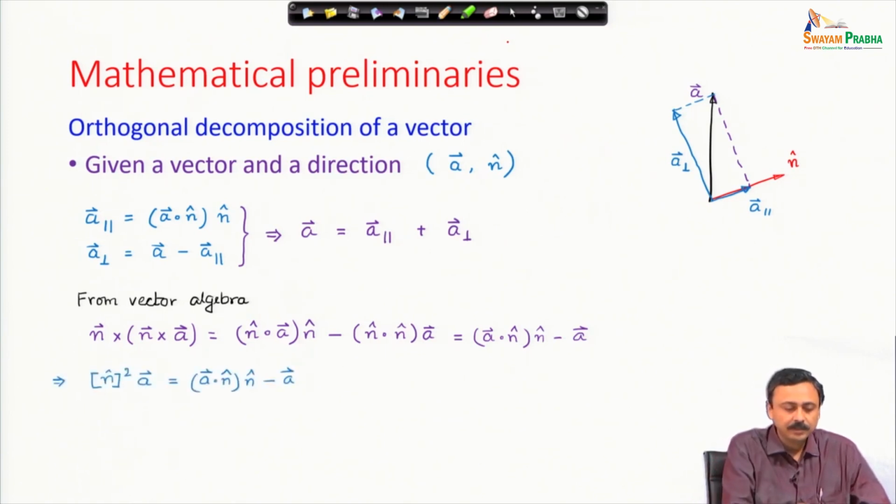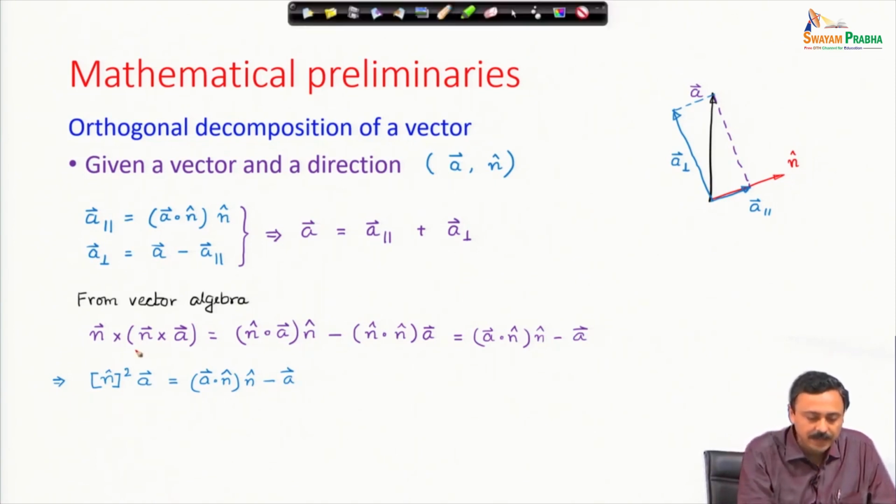On the left hand side, you recall that every time we can write n cross as the Rodrigues form of n cap.